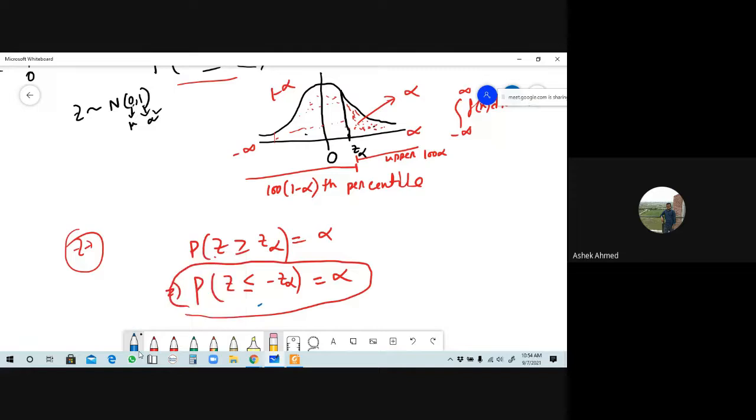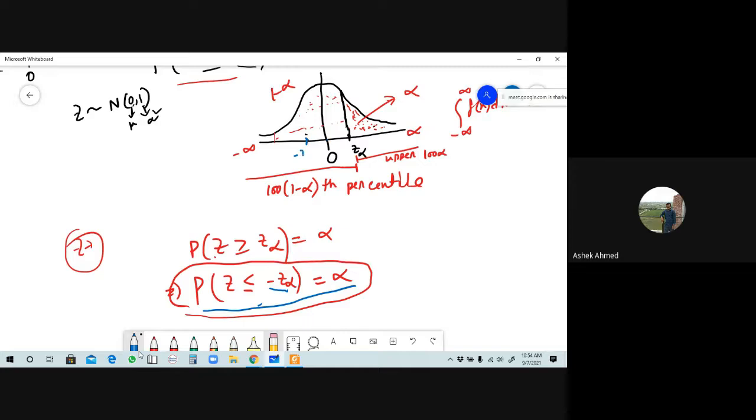Now from here tell me what do you mean by this. This represents the coefficient of Z alpha, here minus is negative. From here can you say the position of minus Z alpha will be on the left or right side of 0? এটার পজিশন কোন দিকে হবে, 0 এর বাম দিকে না ডান দিকে? That lies on the left side of 0.